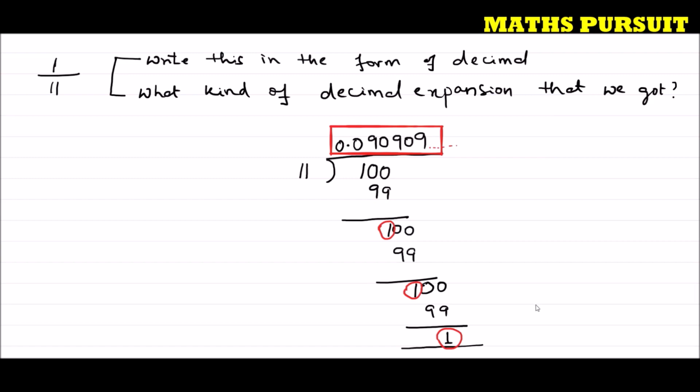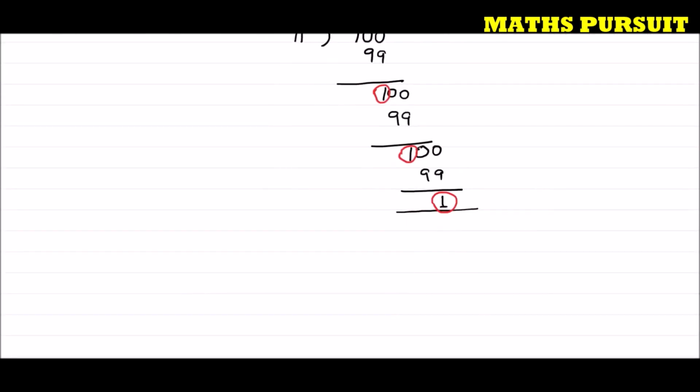We can put our concluding answer saying that 1 upon 11 is equal to 0.090909, and it is still continuing. Or in other words, I can write this as 0.09 with a bar on 09, because 09 is getting repeated each time.